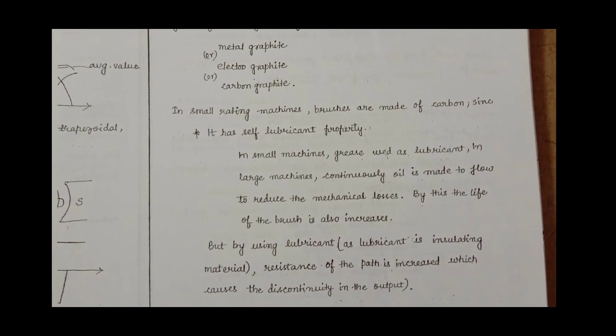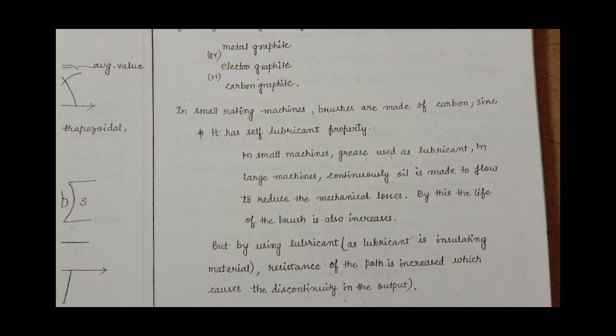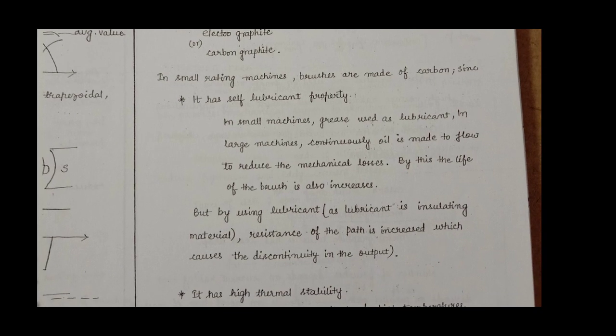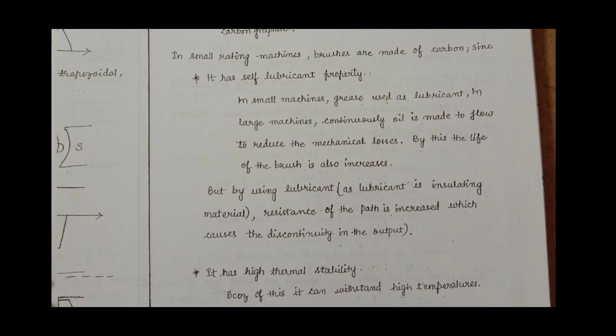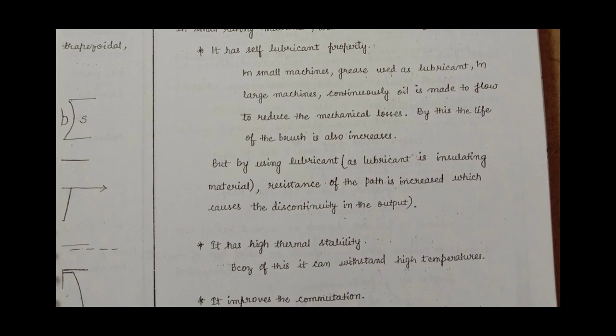So in small rating machines brushes are made up of carbon because of self lubricating property. But using grease as a lubricant, which is an insulating material, the resistance of the path is increased, which causes discontinuity in the output.